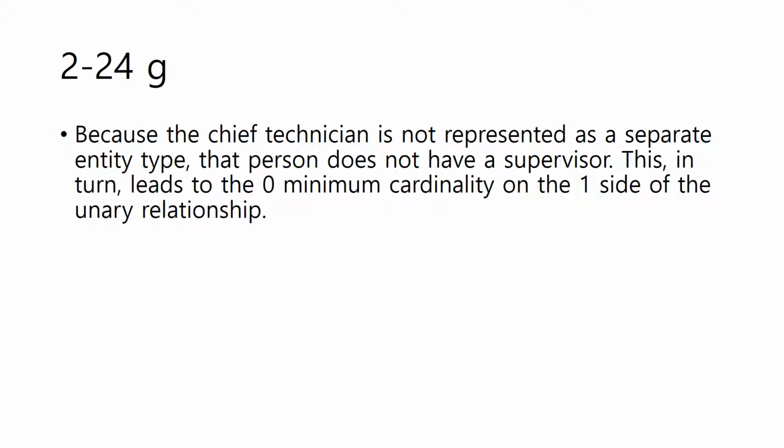Because the chief technician is not represented as a separate entity type, that person does not have a supervisor. This in turn leads to the zero minimum cardinality on the one side of the unary relationship.